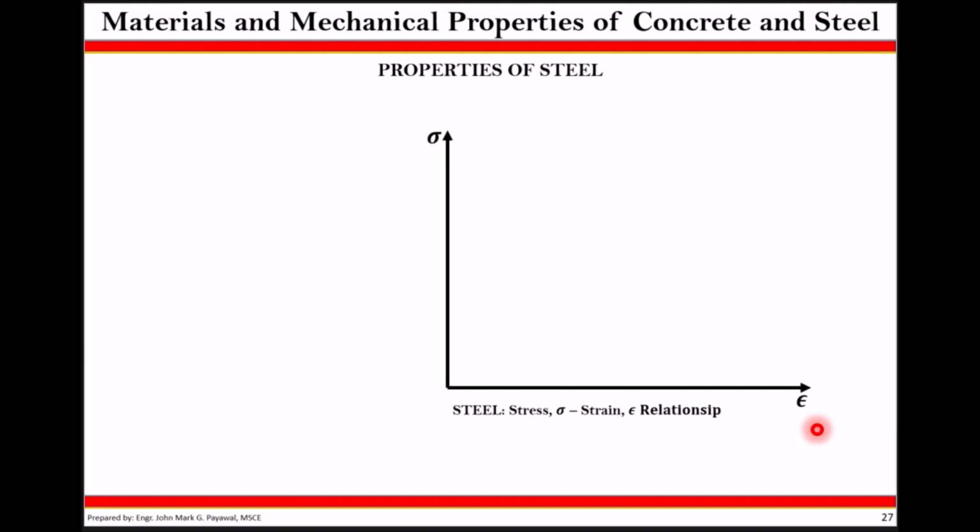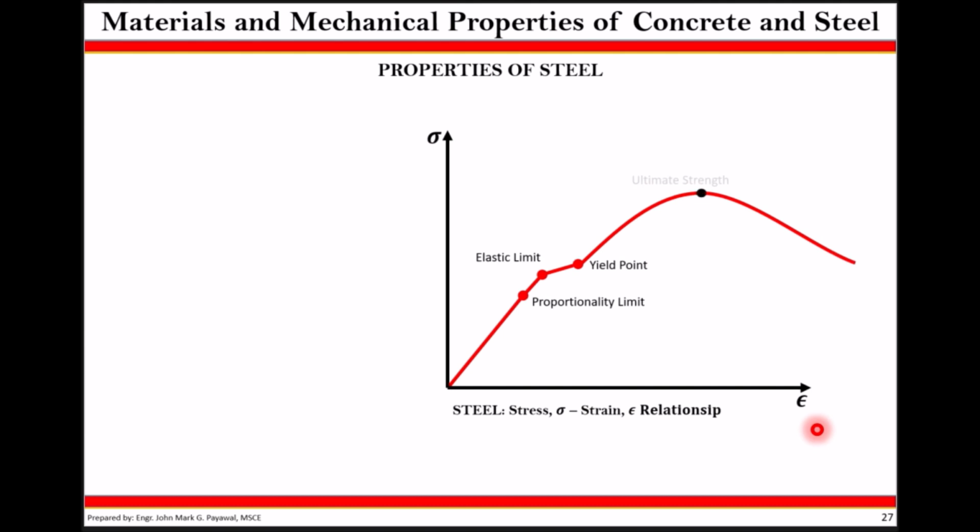If you induce a tensile force, it will first reach your proportionality limit. Next is your elastic limit. You continue to increase your tension, and it will now reach a new point, which is your yield point. Unlike your concrete, your steel could undergo necking. That is the yield point of our steel.